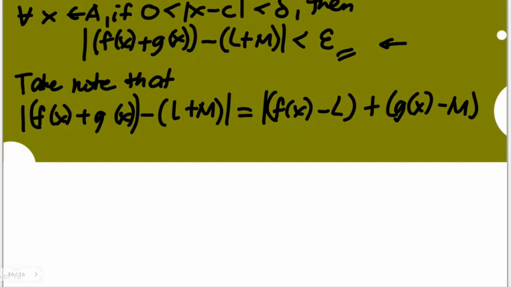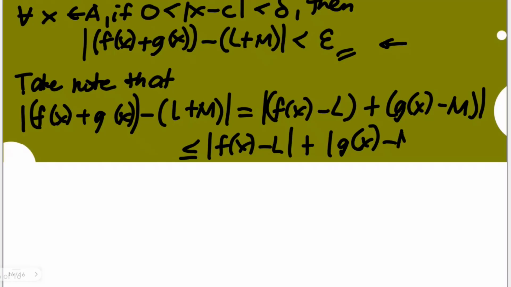I would like to start with this, so I will be guided by what our intended delta and epsilon would be. According to the triangle inequality, this is less than or equal to the absolute value of f of x minus L, separating them into different forms, plus the absolute value of g of x minus m. Let's end this here, and we will be returning to that later. It is just a show of the simplified process.